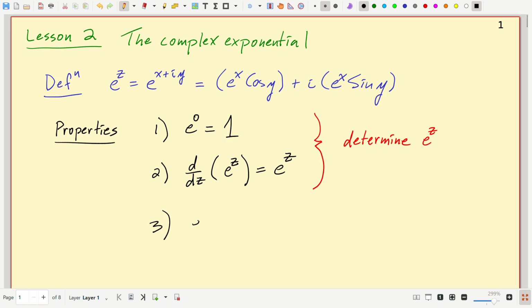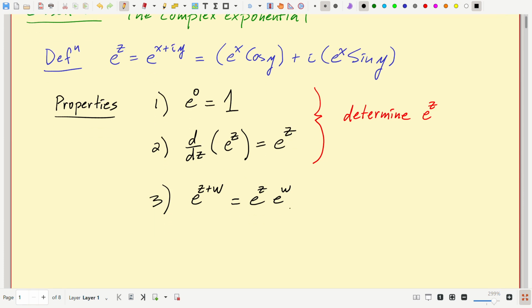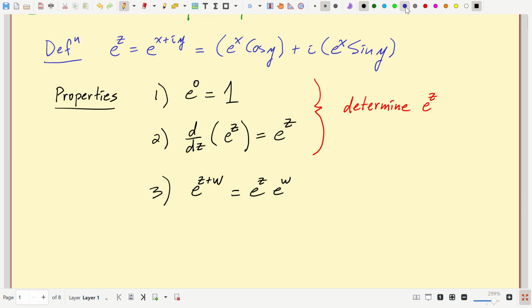Another big one is that e to the z plus w is e to the z times e to the w, just like the real exponential does with real variables. This is a math major class, so I should mention that's kind of an algebra fact. It's a group homomorphism. So what's the group?